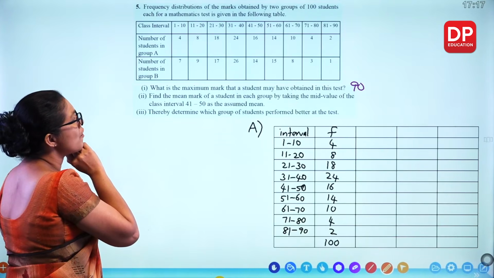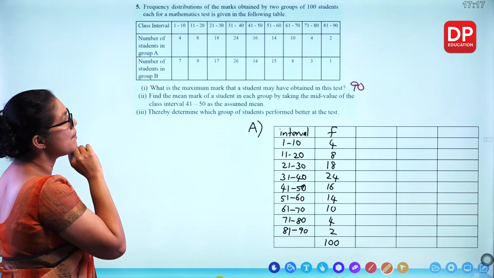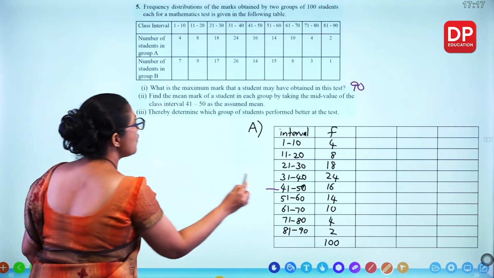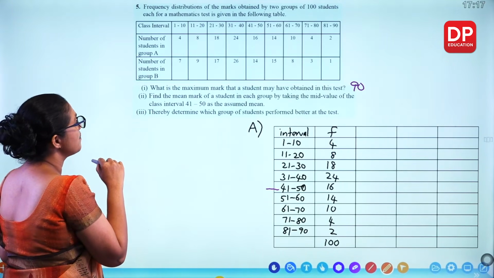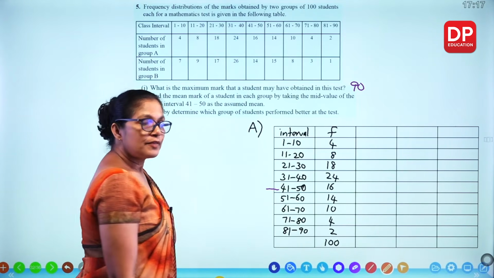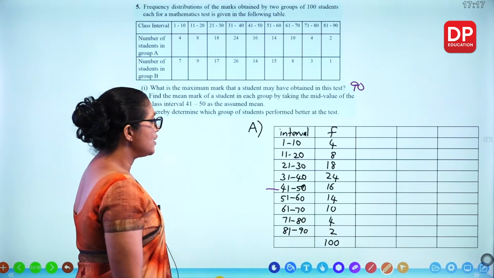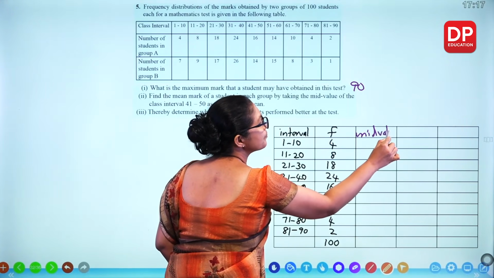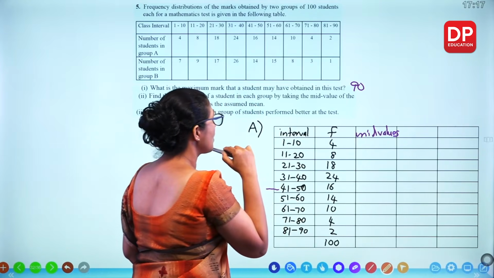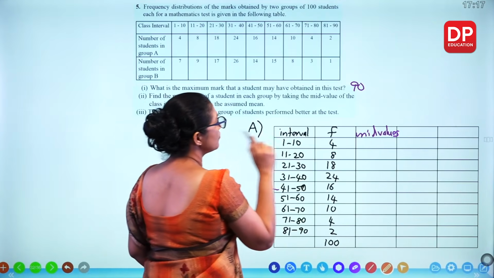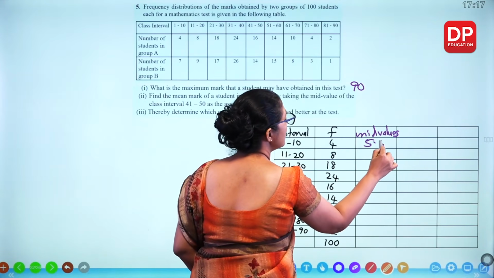Find the mean mark of a student in each group by taking the mid value of the class interval 41 to 50 as the assumed mean. So we'll find out. Calculate the mid values. So mid values: 1 plus 10 divided by 2, 5.5.